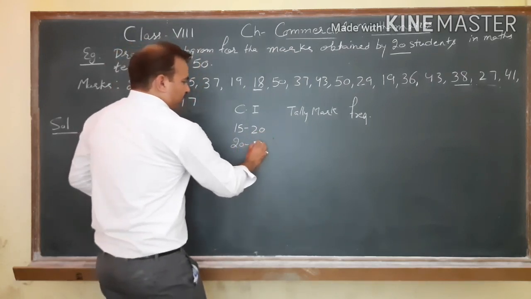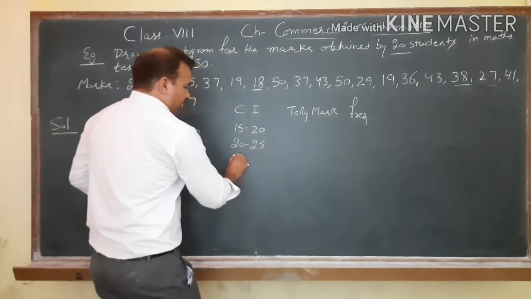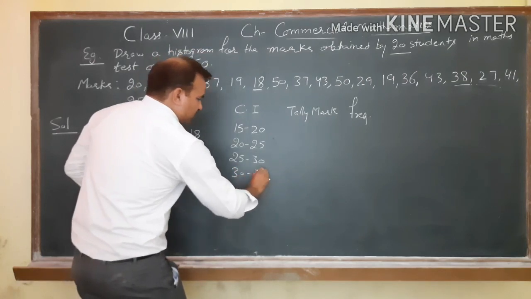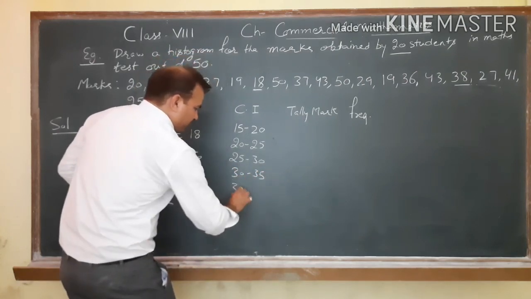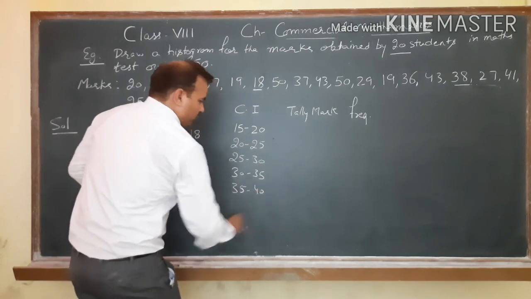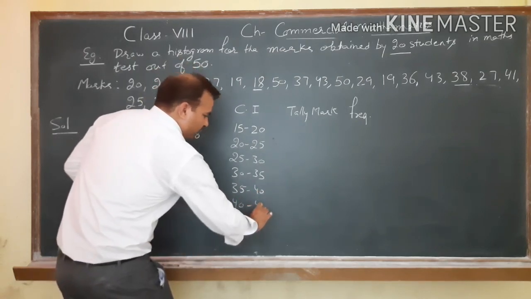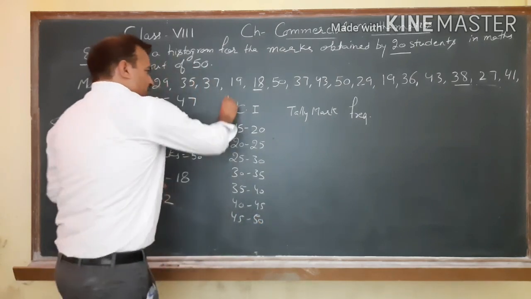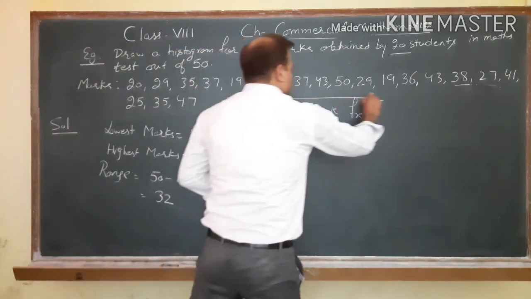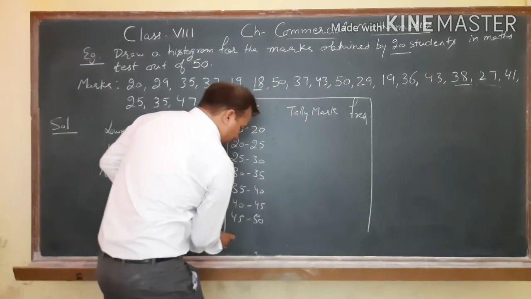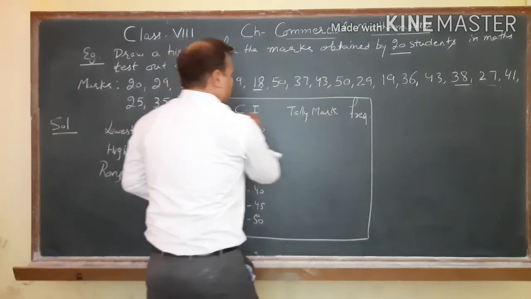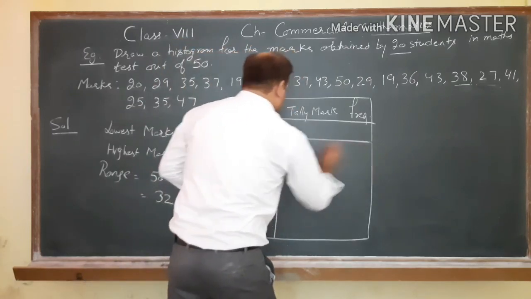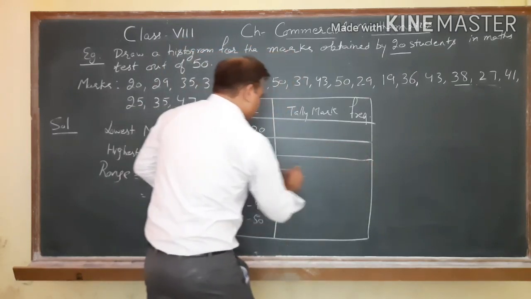Next will be 20 to 25, next 25 to 30, next 30 to 35, next 35 to 40, then 40 to 45, and then 45 to 50. We can make a complete table of this so that it will be easy for us to write.